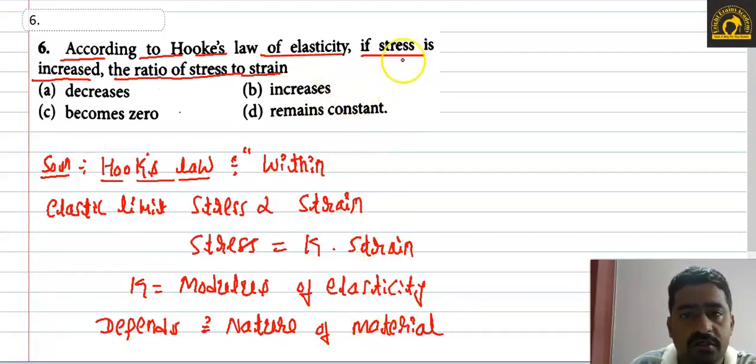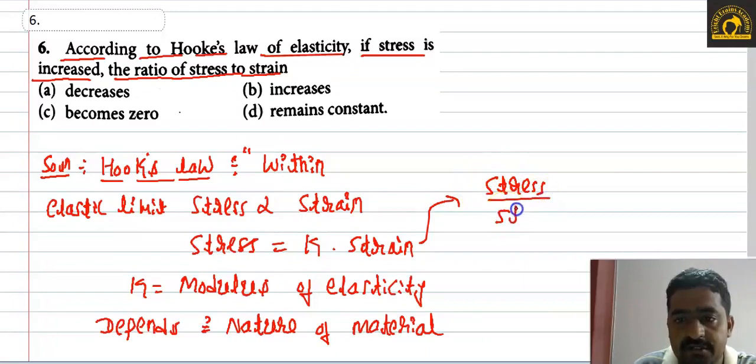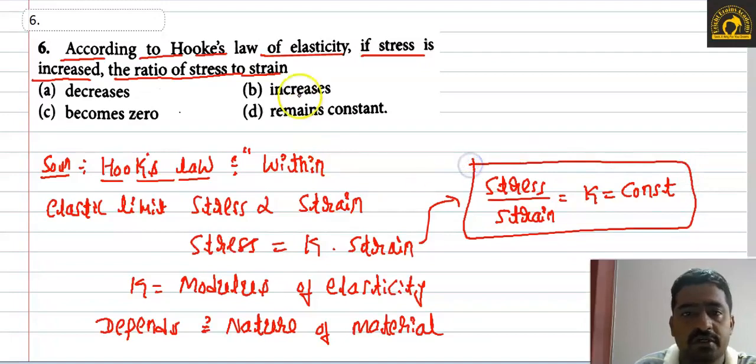So now if the stress is increased, what happens to the ratio of stress to the strain? Stress divided by strain is equal to K, where K is called the modulus of elasticity, that is a constant. So the answer for this question is that it remains constant, that is option D.